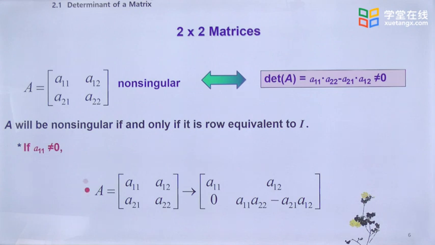Then for this matrix A, we can do Gaussian elimination. We use the first row as the pivotal row and the A11 entry as the pivot element. We eliminate this entry to be 0, and we get this matrix in row echelon form.